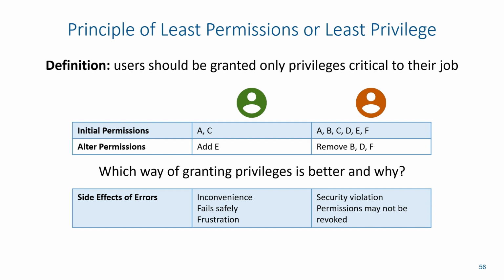They had privileges that they shouldn't have been able to access. Also, the permissions may not be revoked completely, and so they may continue to have access. I currently work with a few colleagues who tell me that they still have access to systems that they were granted privileges to many years before, and they continue to have these privileges. This is an example of a failure to follow the principle of least permissions.